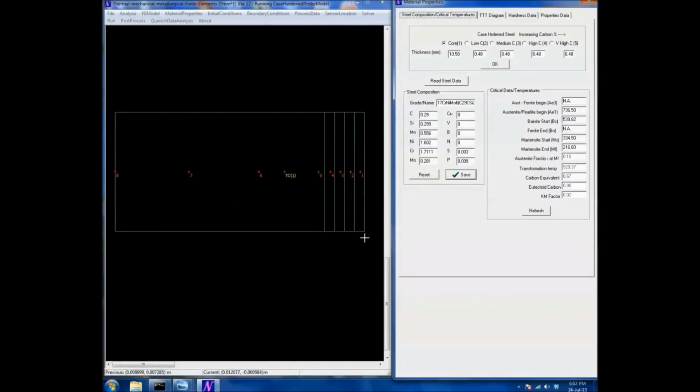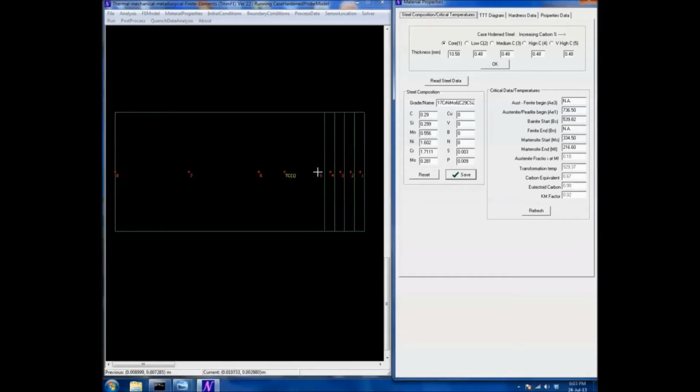This rectangle shown here is essentially 1/2 of the disc on the right hand side. Now, the left border of this rectangle coincides with the axis of the specimen, and the right border comes in contact with the quenchant. The position of the thermocouple is shown here, marked TC1.